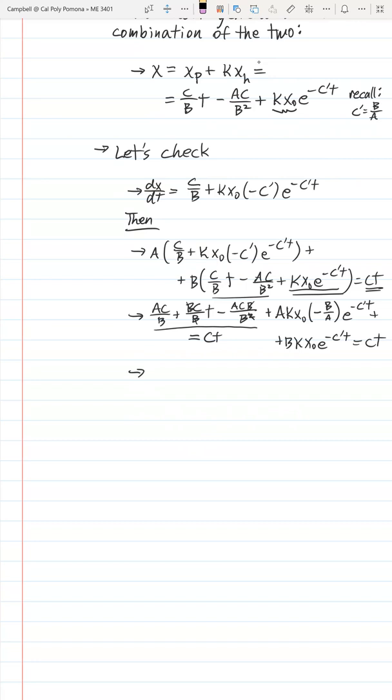So we already saw that the first part gives us our c times t. Now here, let's go ahead and simplify this particular term. So clearly we get a negative k x naught b times e to the negative c prime t. And we can see that, of course, that's just the negative version of the next term, b k x naught e to the negative c prime t, and sure enough, these guys will cancel, and we're just left with c times t.